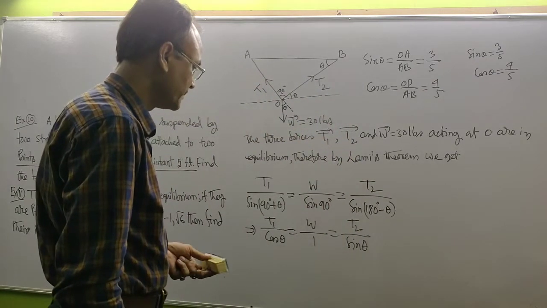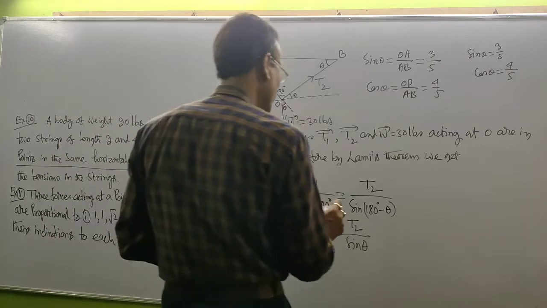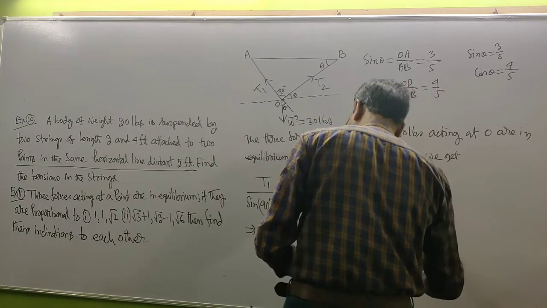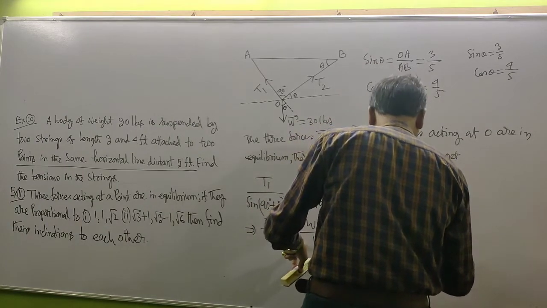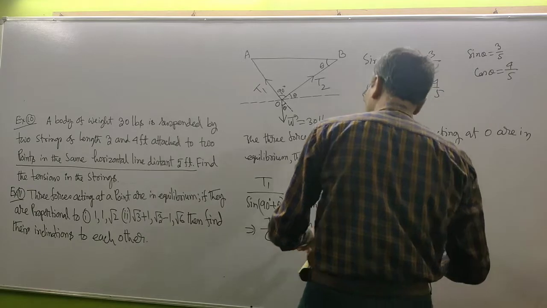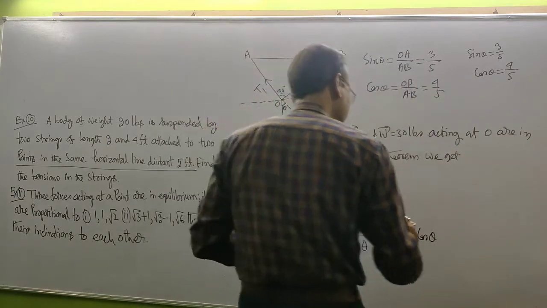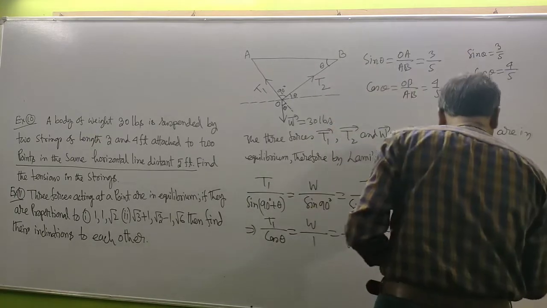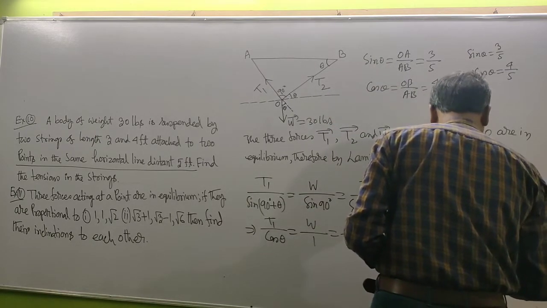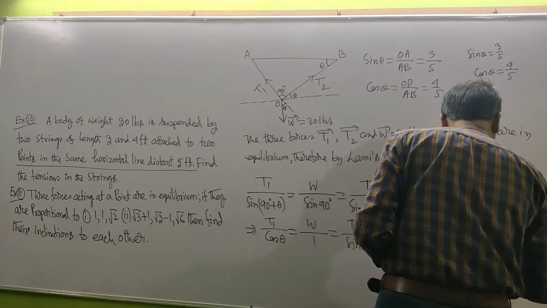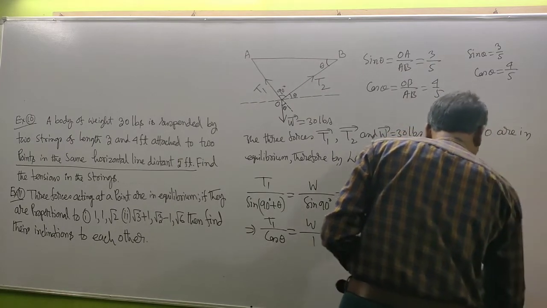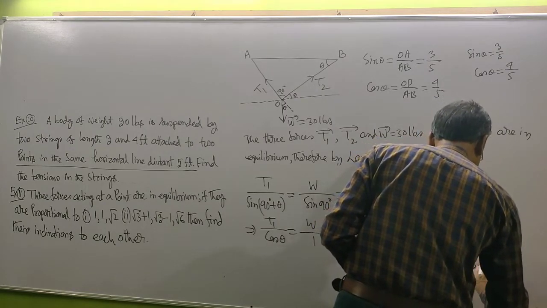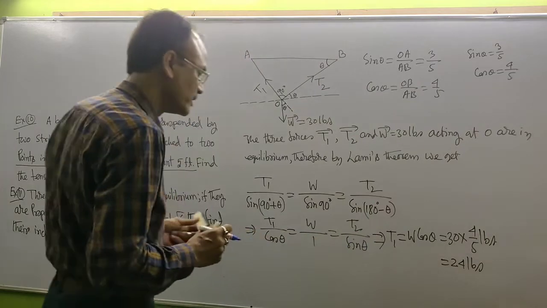This means that T1 equals W cos theta, which is 30 into cos theta, which is 4 by 5, equal to 24 pounds. T1 is equal to this.